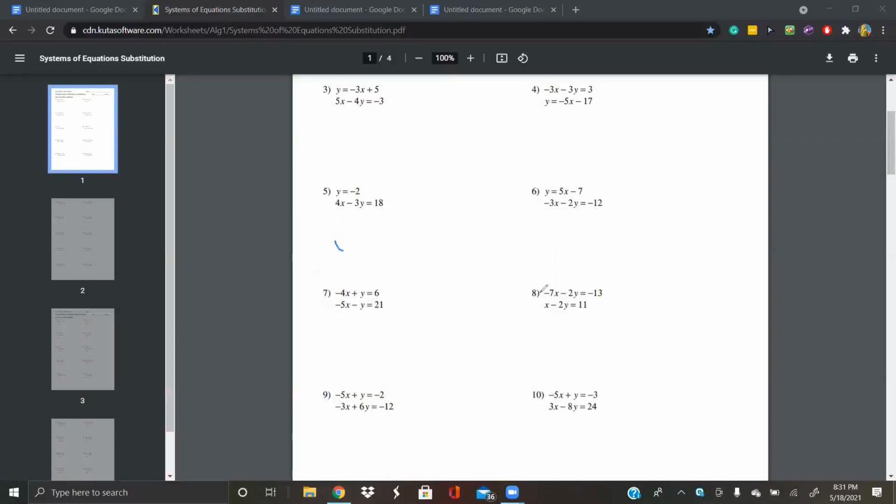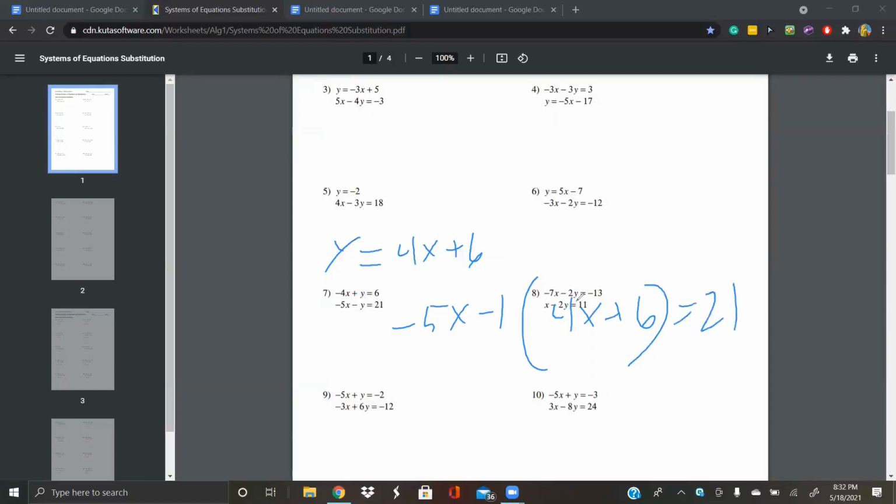So y equals 4x plus 6. And then we have one in standard form, so now we're going to solve it. So negative 5x minus 1, and then in parentheses 4x plus 6, equals 21.